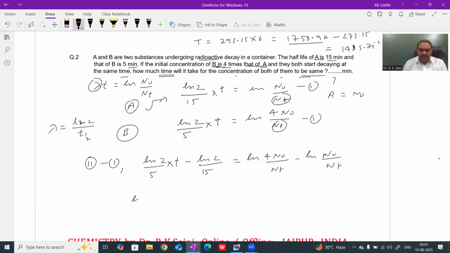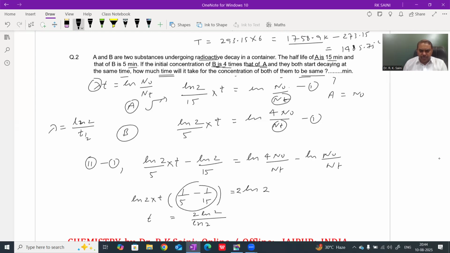On solving this, ln 2 into t is taken common, and 1 upon 5 minus 1 upon 15 equals ln 4. Only ln 4, because N naught cancels and Nt also cancels. Or for ln 4, we write 2 ln 2, since 4 equals 2 to the power 2. Therefore t equals 2 ln 2 divided by ln 2 times the bracket.